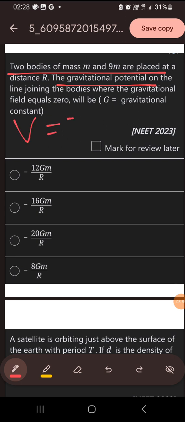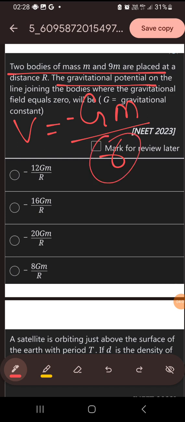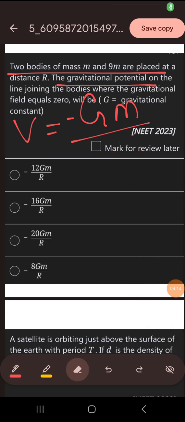That is V is equal to minus G m by r. Here, instead of r we can use x.